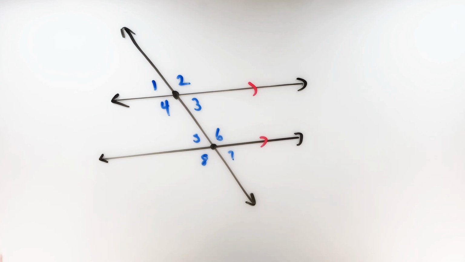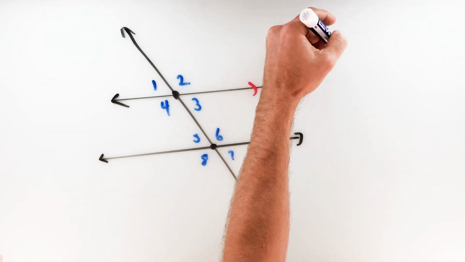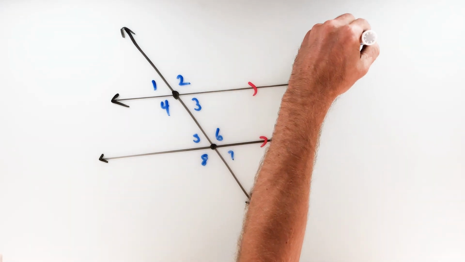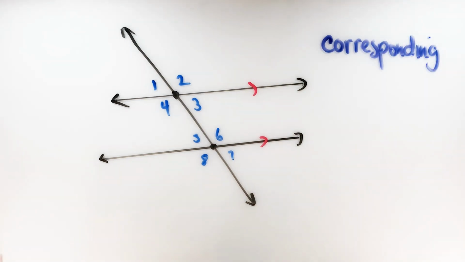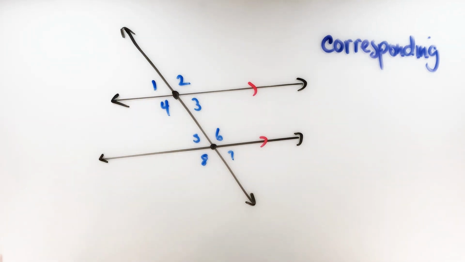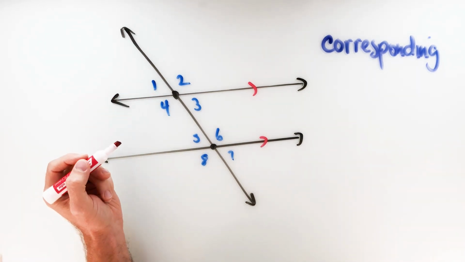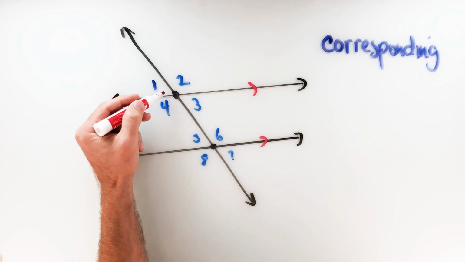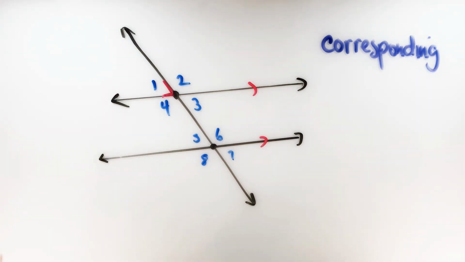The first type is what we call corresponding angles. Corresponding angles you can think of as angles that are in the same position at each intersection. For example, angle 1 is in the top left-hand side of its intersection.